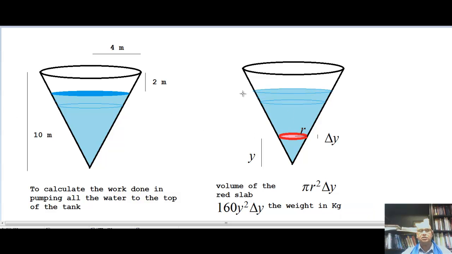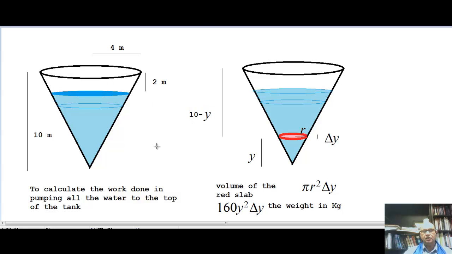Am I making sense? Yeah. So see, this is how much we are moving it by, right? And this whole distance is 10 minus y. I don't like writing a different y, so let me still use the same.